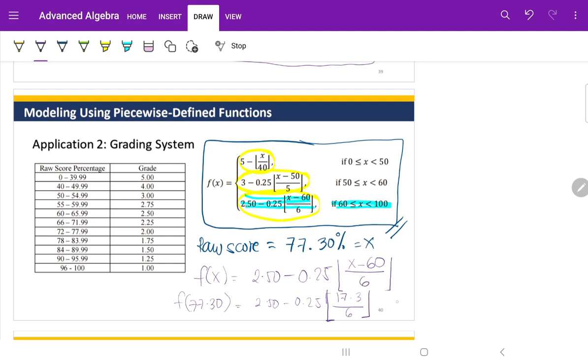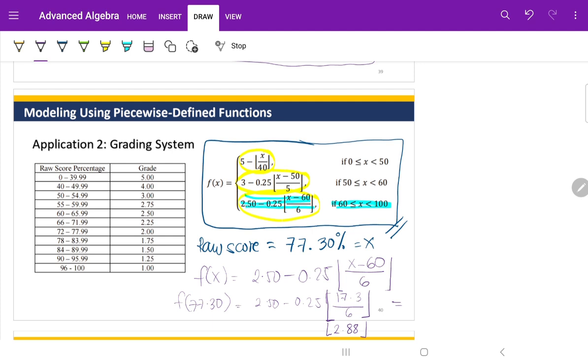Using your calculator, 17.3 divided by 6 is equal to 2.88. But then again, we are getting the floor. So the floor of 2.88 is equal to 2.